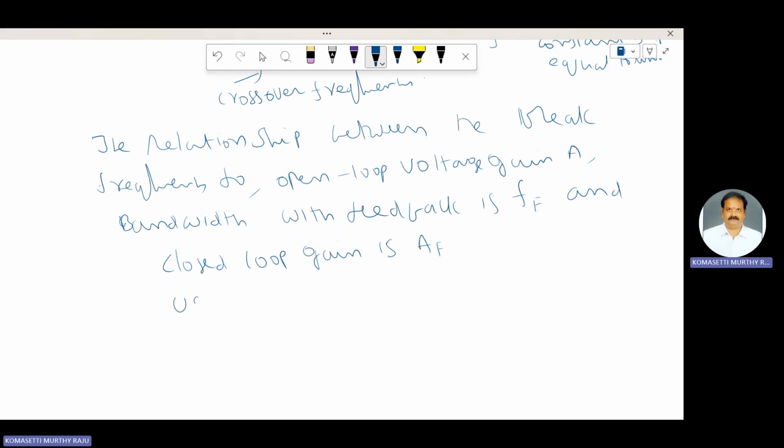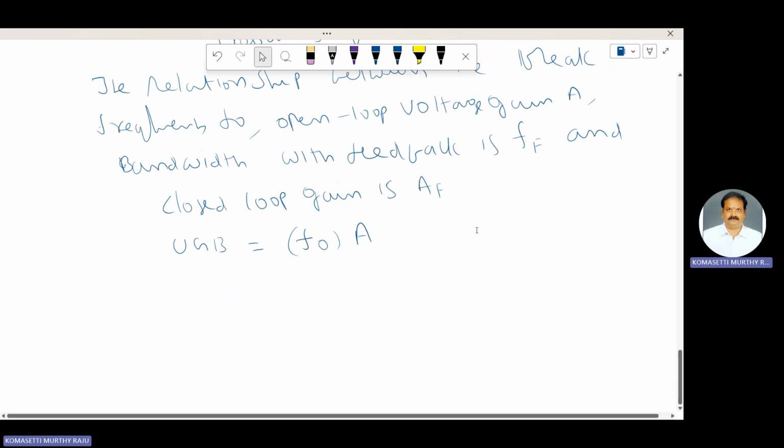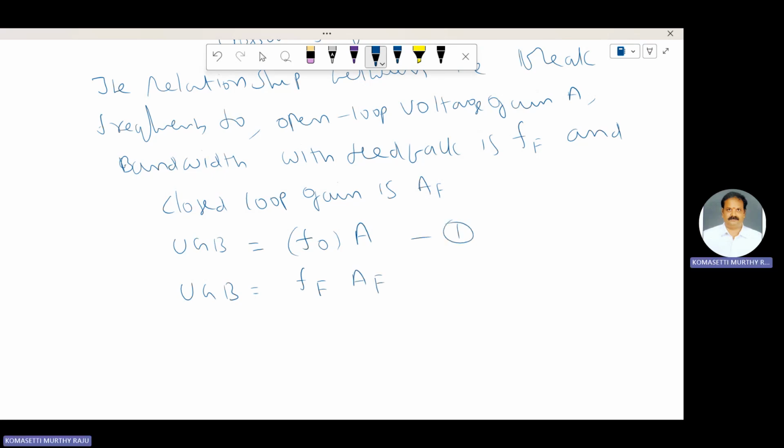We know that the unity gain bandwidth under open loop condition is equal to the break frequency F naught into A, where A is the open loop gain of the op amp. In a similar fashion, the unity gain bandwidth product with feedback is the frequency F F times the voltage gain A F. Both are equal.